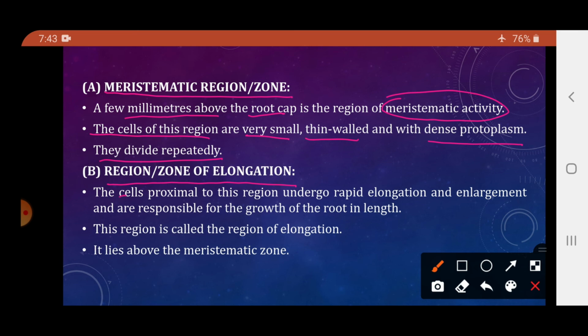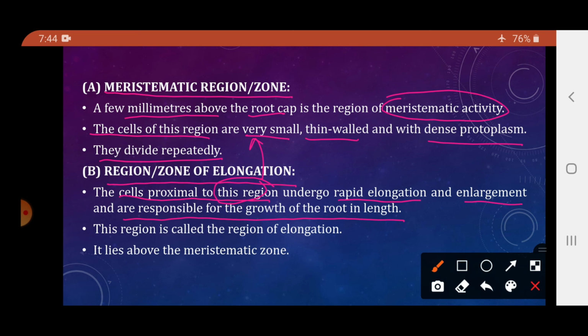The cells proximal to the meristematic region undergo rapid elongation and enlargement and are responsible for the growth of the root in length. That means the cells just above the meristematic region will increase in length, rapidly elongate, and enlarge, and are responsible for increasing the length of the root.